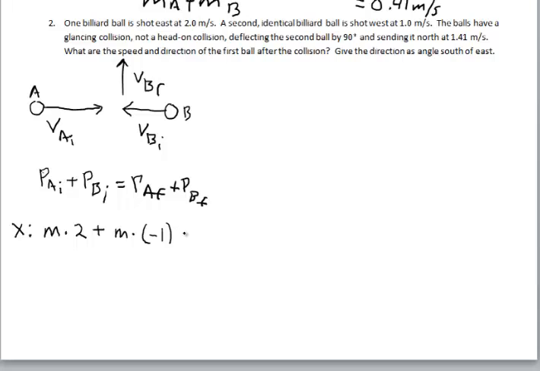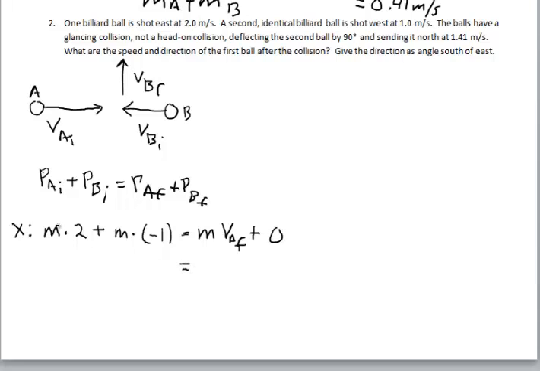And afterwards, we don't know anything about the one ball. It's going to have to be going down some way, but we don't know what it is, so just call that m times V_F. But the other ball goes vertically, so there are no x components. This is up and down, so this is 0.